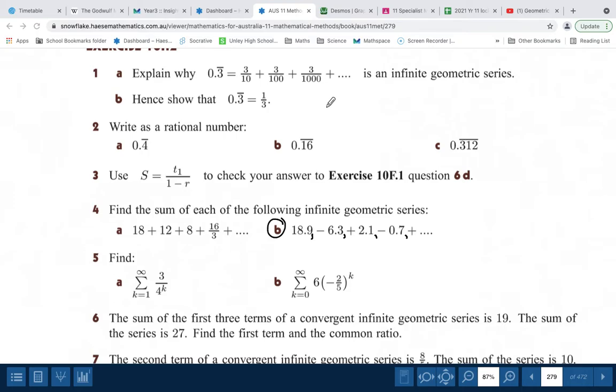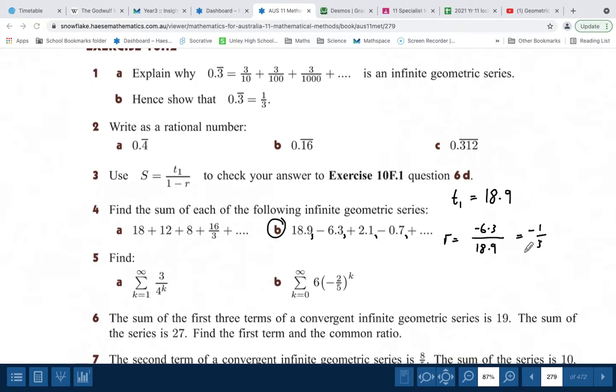The T1 is 18.9, but what's the R going to be? Well, the R is the common ratio between successive terms. I can see the 6.3 is 1/3 of the 18.9, as in I'd have to times this number by 3 to get to the 18.9.